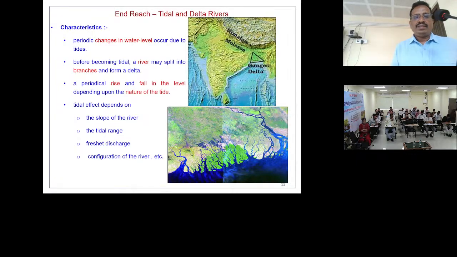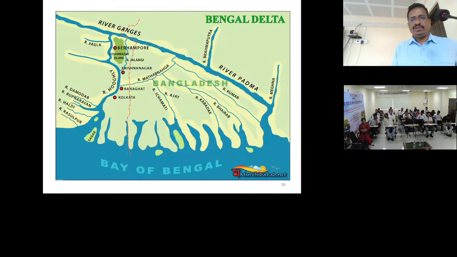Tidal effect depends on the slope of the river, the tidal range, the discharge coming from upstream, and the configuration of the river. All these tidal effects depend upon the discharge of these tidal rivers. This is the river Ganga before its confluence with the sea. It will divide into Hooghly and river Padma.